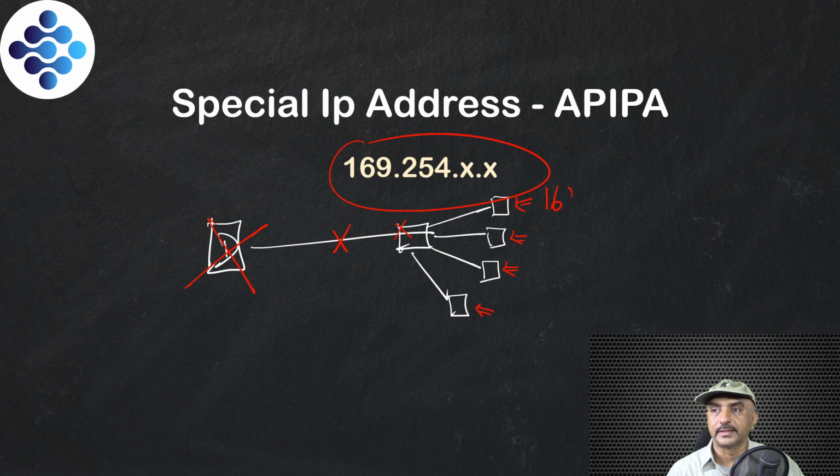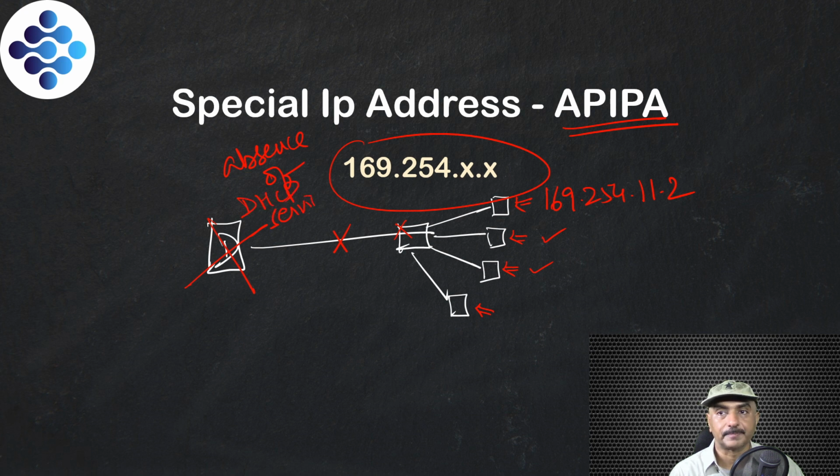So let's say one might take 169.254, this is just an example, say 11.2. Then another will take an address which is not 169.254.11.2 but something else. That's how they will start taking those addresses by themselves, and that is collectively called APIPA, Automatic Private IP Address Allocation, in absence of DHCP services.